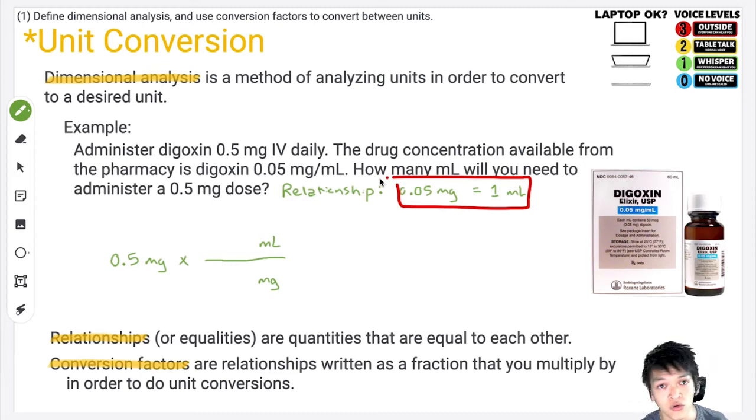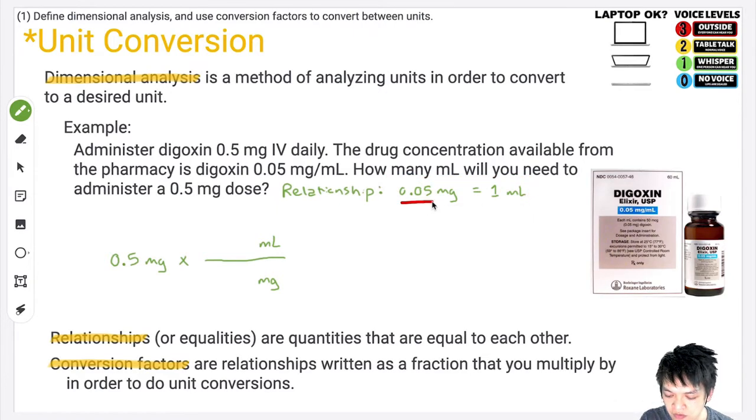So we actually write those numbers next to the appropriate unit. Again, 0.05 milligrams. So that number goes next to milligrams. And then there's 1 milliliter. So the 1 needs to go next to milliliters. And as you see here, this piece of information is just a relationship written as a fraction.